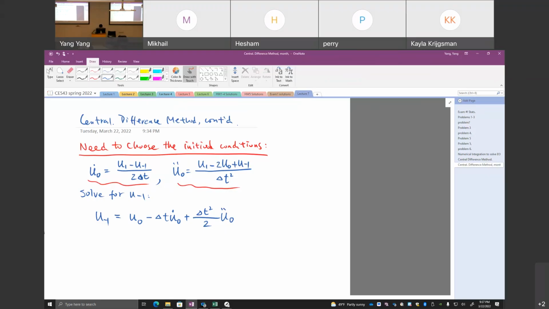So U minus 1 can be expressed as the initial displacement minus delta t times initial velocity plus delta t square over 2 times the initial acceleration. Does this make sense? So now we have U minus 1 and U0 as the initial condition.